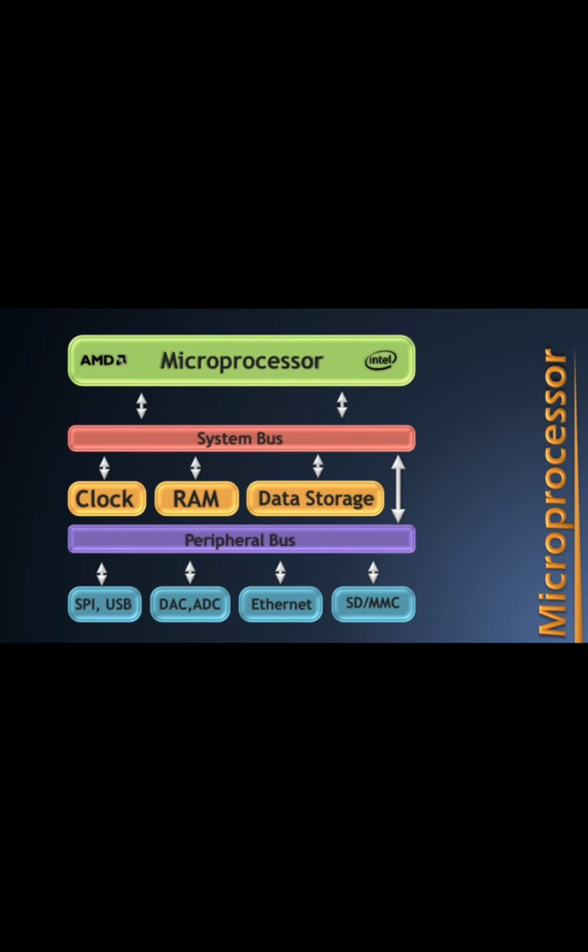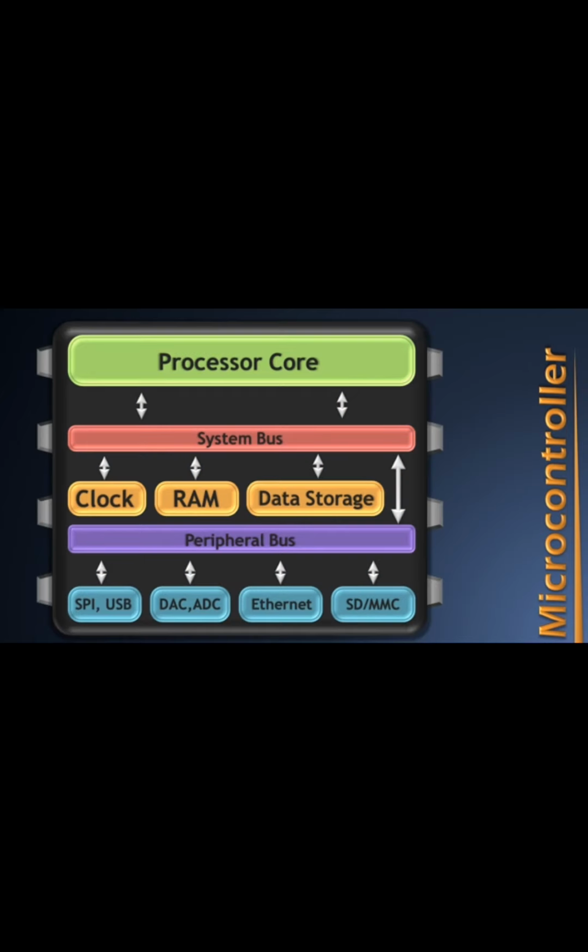SPI and USB are the serial peripheral interface and universal serial bus. This is a microcontroller structure: processor core, system bus, clock, RAM, data storage, peripheral bus, whereas serial USB, digital to analog converters as well as analog to digital converters, Ethernet, SD or MMC cards.